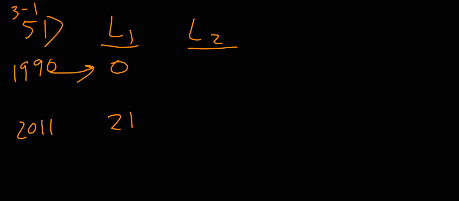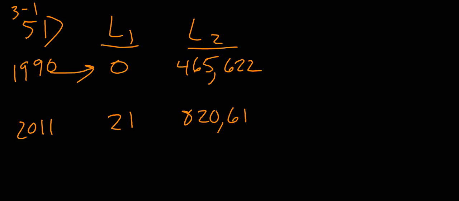So that would be list 1 in my calculator. And then for Austin, Texas, I'd have 465,622 and 820,611. Okay, how do we come up with the equation that goes through those points?